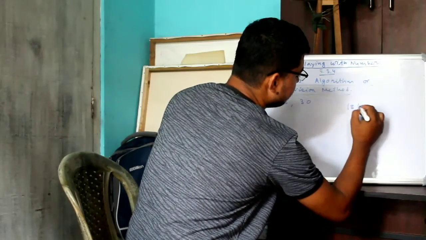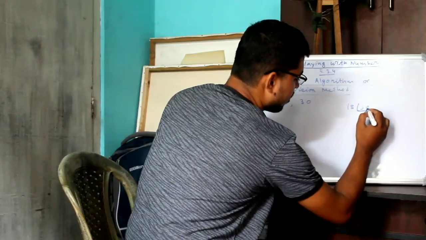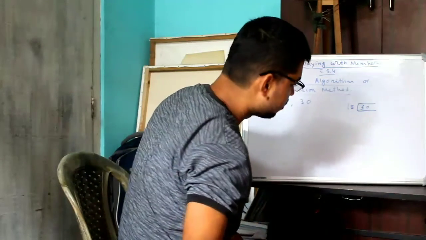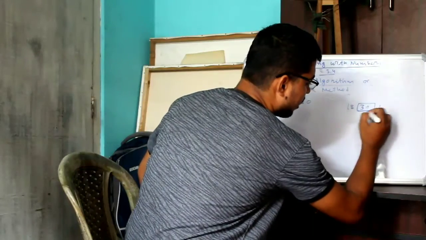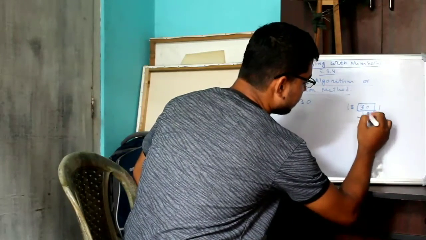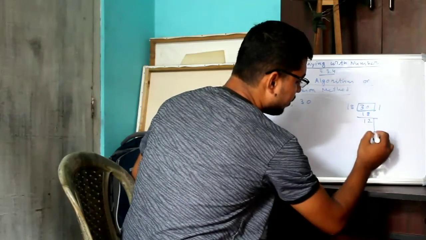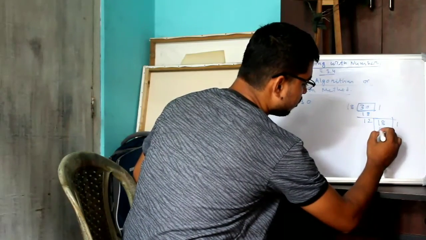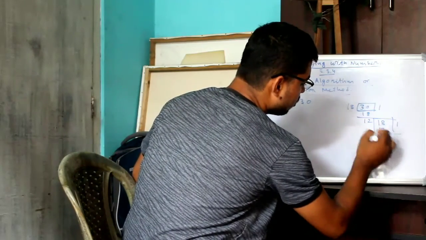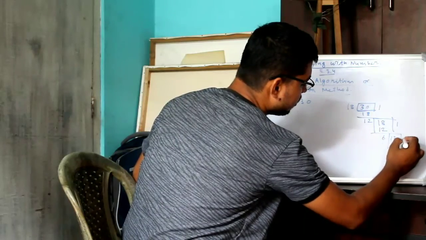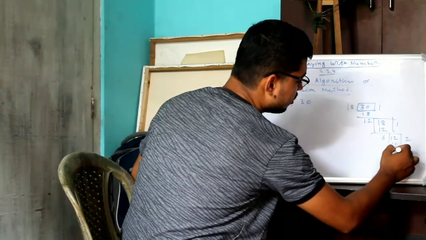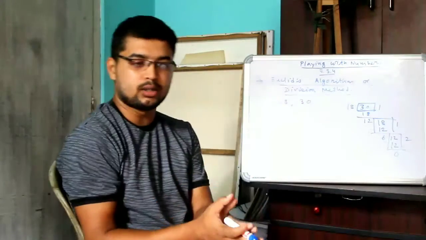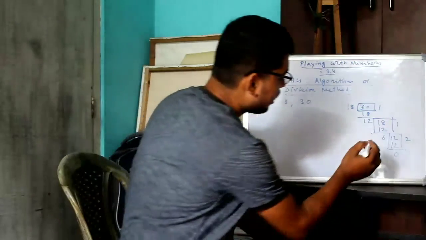We get 1, then 18, and the remainder is 12. Then 12 divides 18 one time, so 6 remains. Then 6 divides 12 two times, and the remainder is 0. So the number by which we divide and get 0 as remainder is 6.